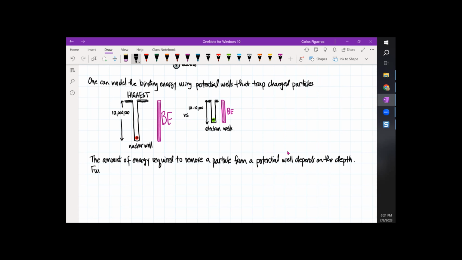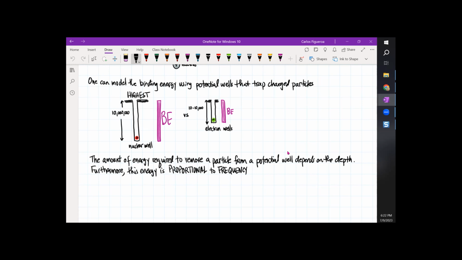Furthermore, this energy is proportional to frequency.